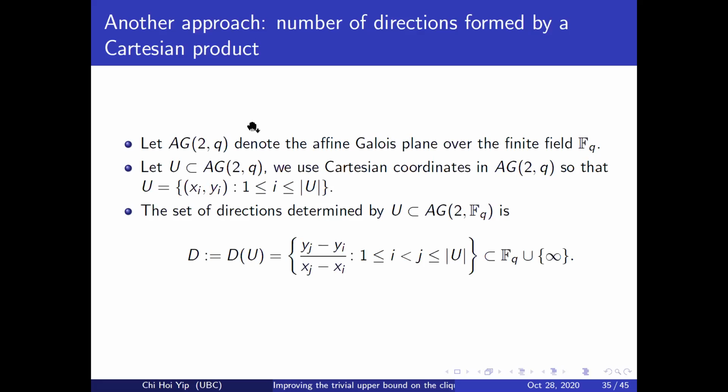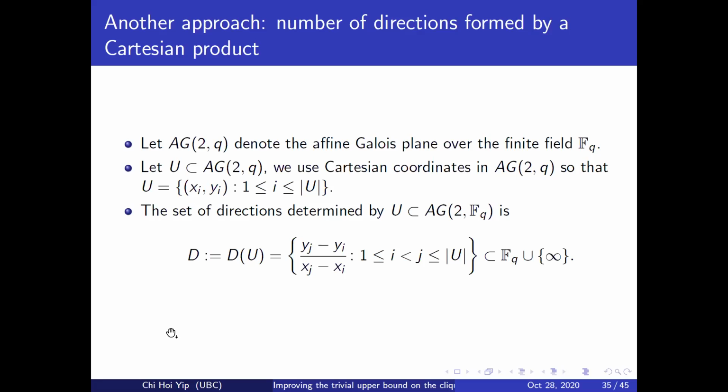So let AG2Q denote the affine Galois plane over the finite field FQ. And if U is a subset of AG2Q, we can just use Cartesian coordinates in AG2Q. So we can set U to be xi, yi, where i is from 1 up to the size of U. Then the set of the directions determined by this point set is just the set of the slopes of the lines formed by two points.